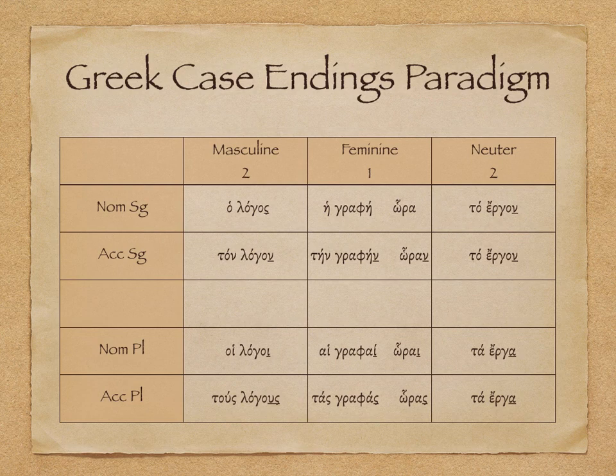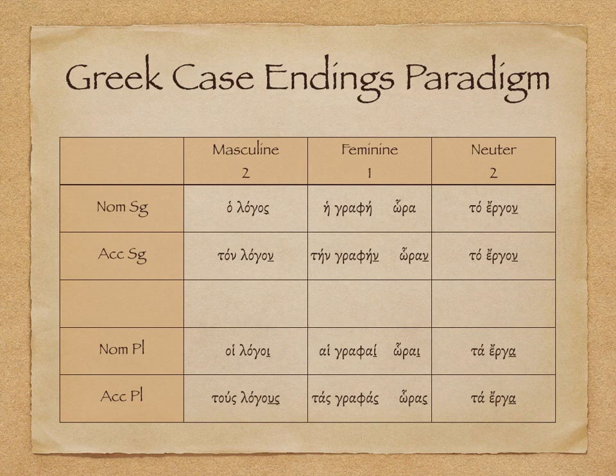You can notice ton logon, hoi logoi, tous logous. Notice the feminine. He graphe, or he chora, ten graphen, ten choran, hai graphai, hai chorai, tas graphas, tas choras, and then the neuter, to ergon and ta erga.